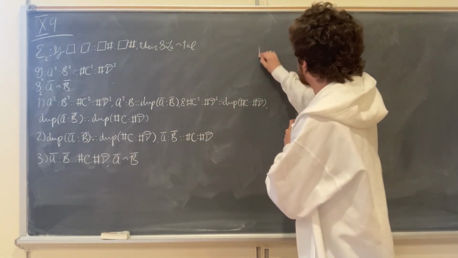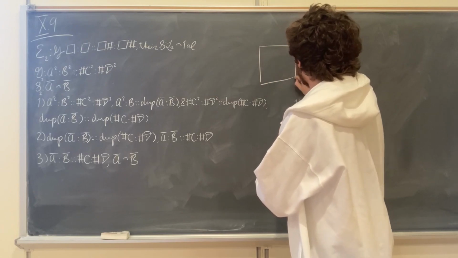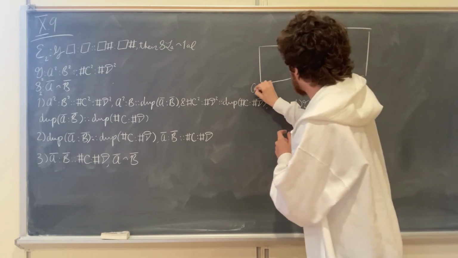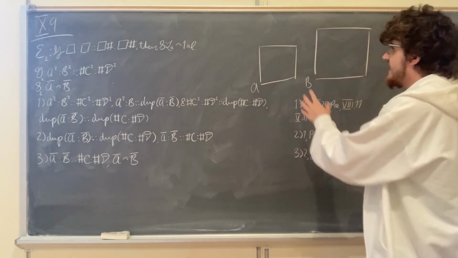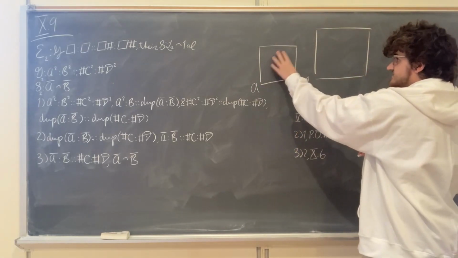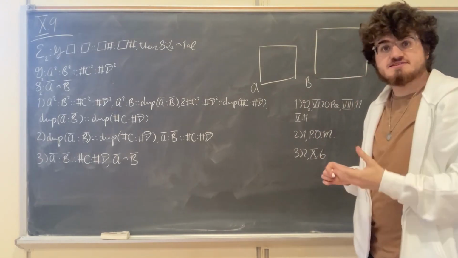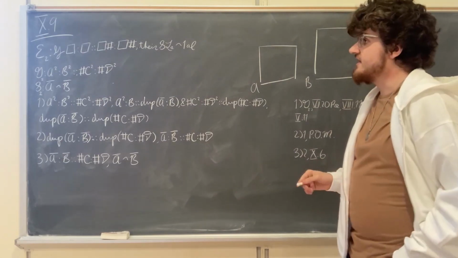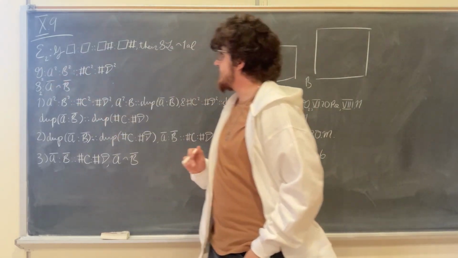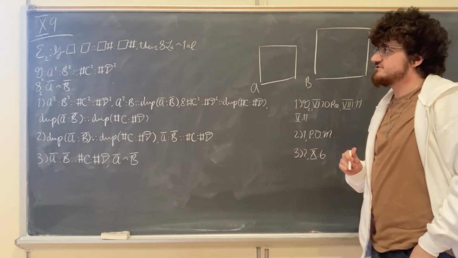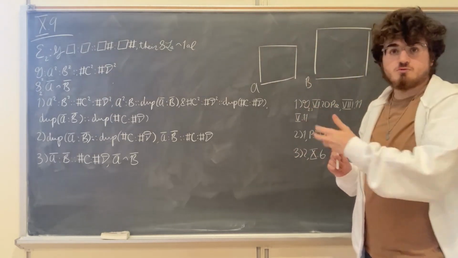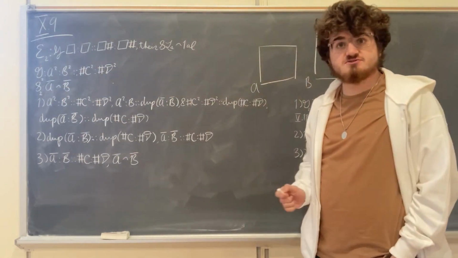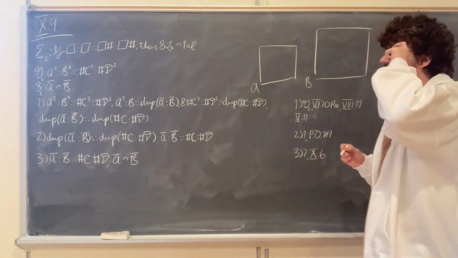So if we have two squares, call them a squared and b squared, like so, and if the ratio which a squared has to b squared is the same as the ratio which some square number has to another square number, so we'll say that if a squared is to b squared just as the number c squared is to the number d squared, then what we want to prove is that the line A and the line B, those two straight lines, are commensurable with one another.